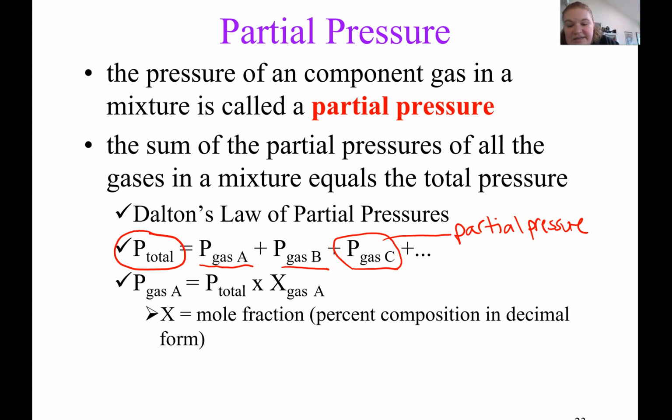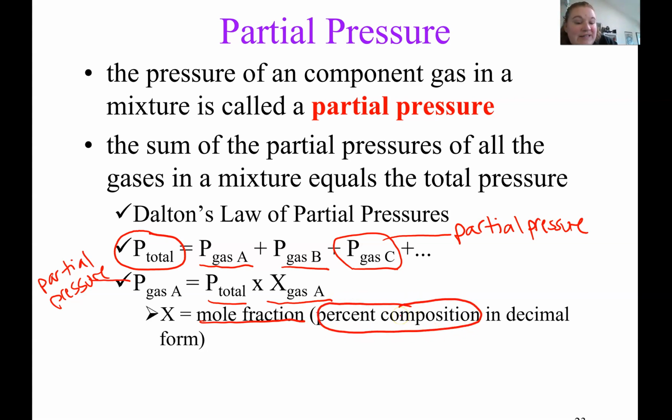And then underneath that, it says that the partial pressure of gas A is equal to the total pressure times X. X is the mole fraction. So this is that percent composition we saw on the last slide, but in decimal form. So to get to this number, we would do our percentage divided by 100.